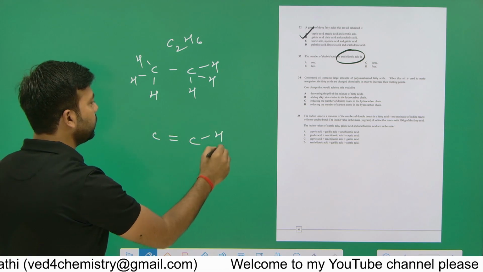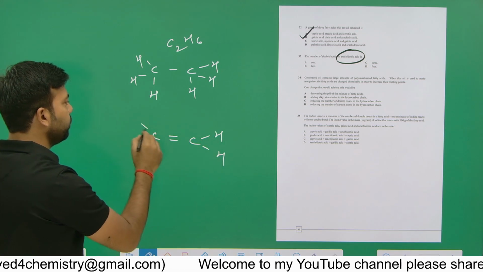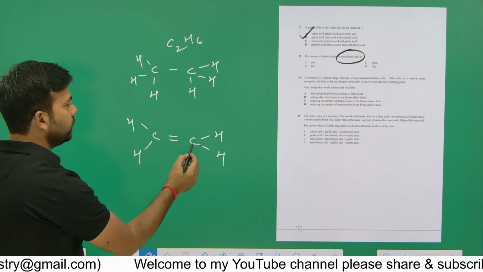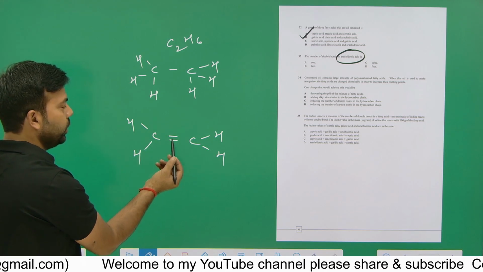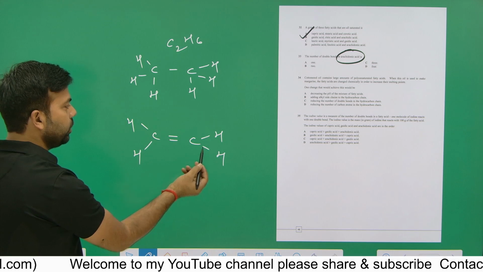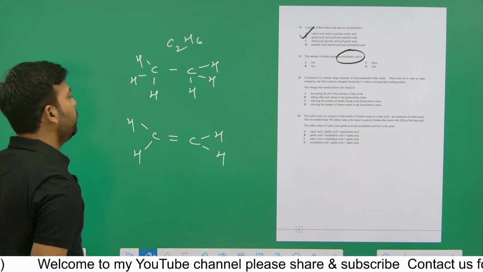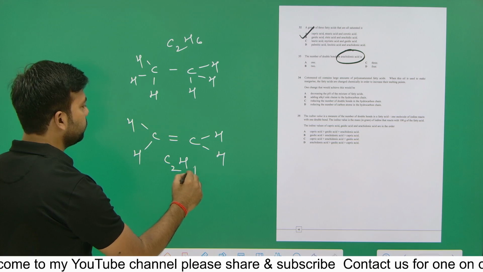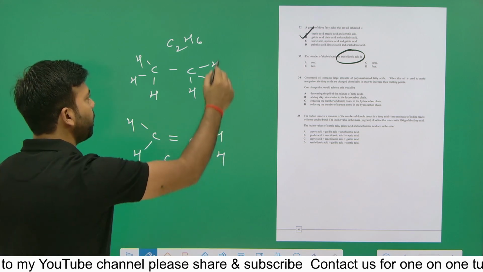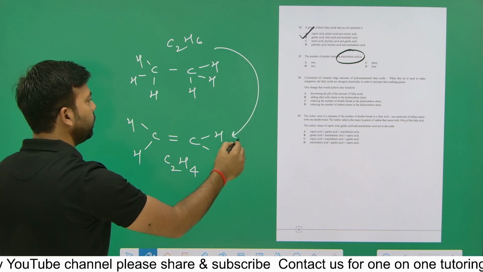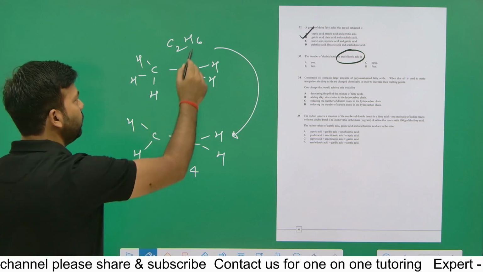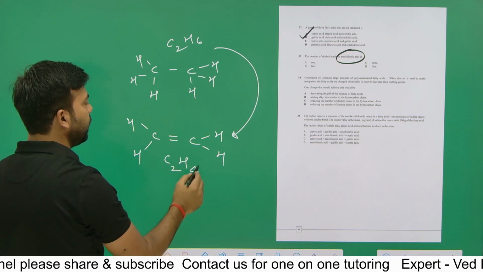We can balance like this, because we all know carbon valency is 4. So you can see here this carbon has 2 on the left, 1 on the right and 1 on the downside, so overall 4. So here the molecular formula is C2H4. So you can see here, from saturated to unsaturated, hydrogen is 6 here and 4 here.